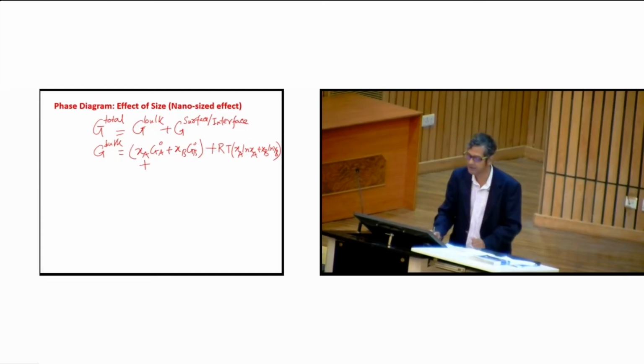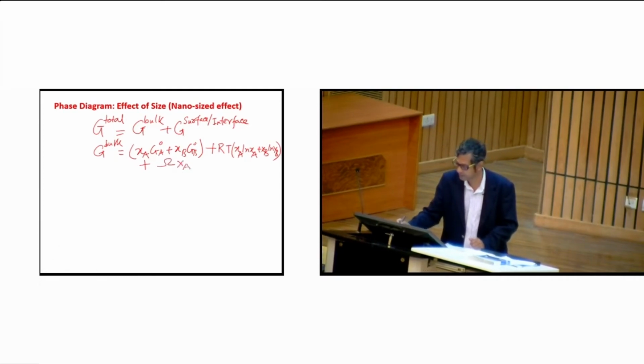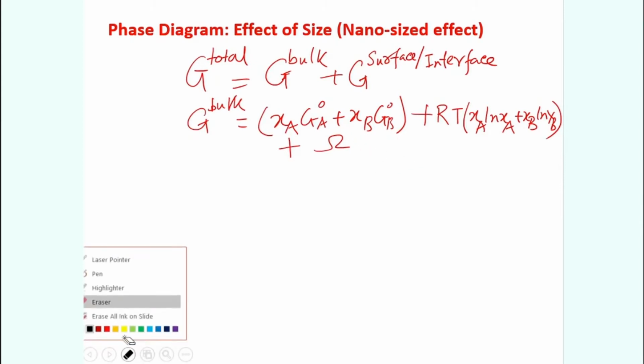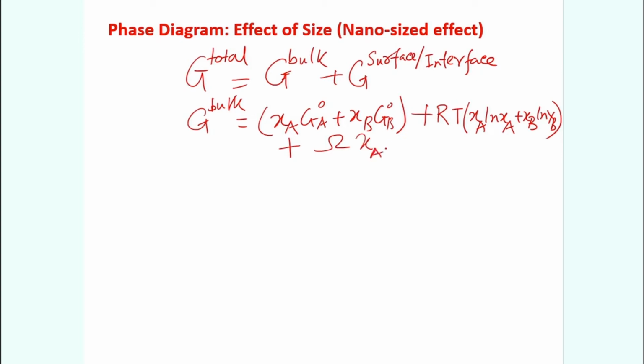Depending on the characteristics of the bonds, you are going to have an extra term like this. Remember, I should write x properly, they are not different x. This term omega is basically equal to coordination number multiplied by Avogadro number by 2, E_AB minus (E_AA plus E_BB) by 2.